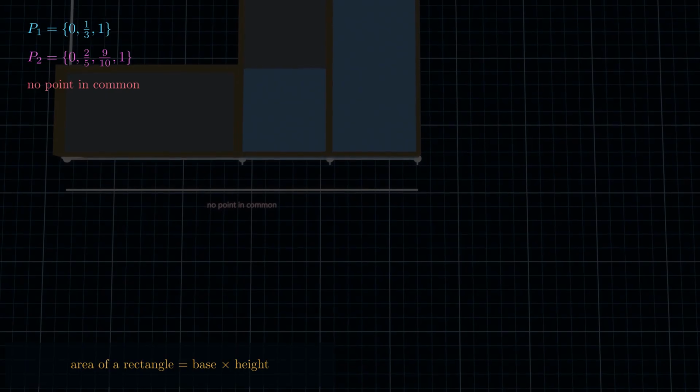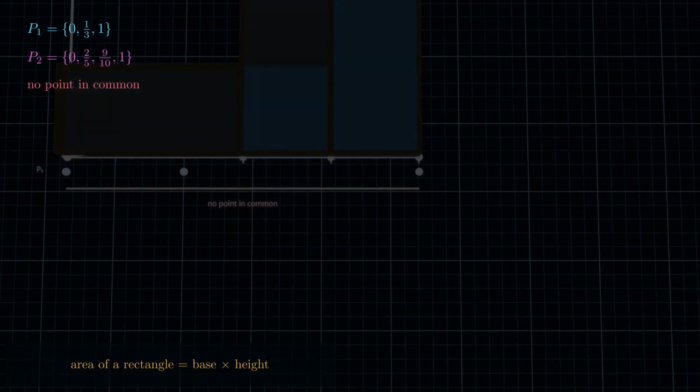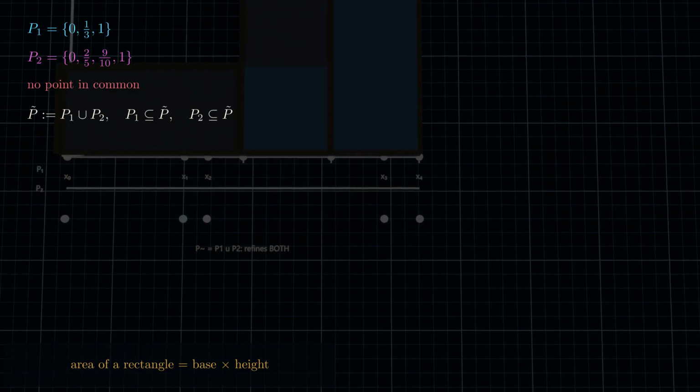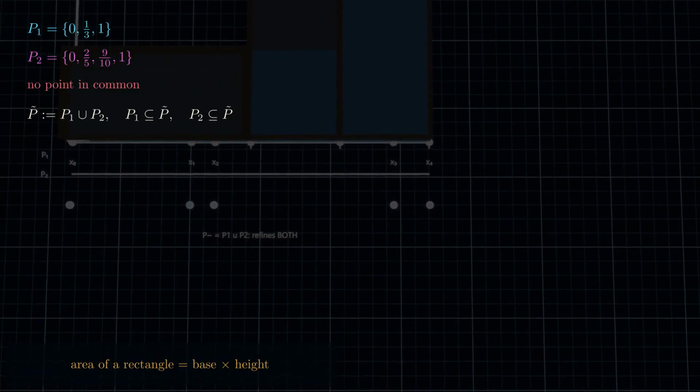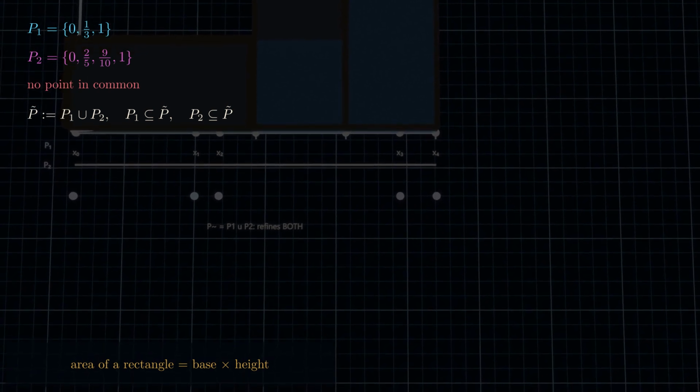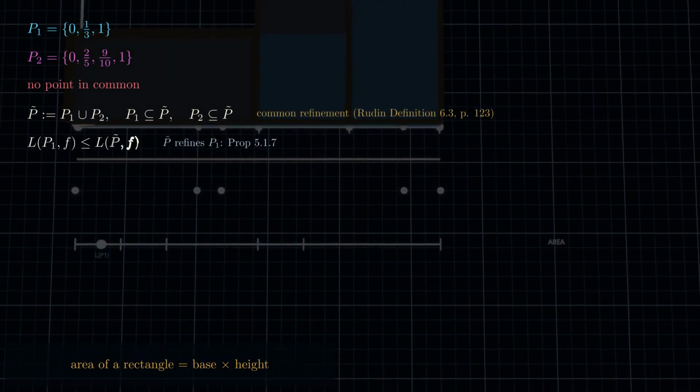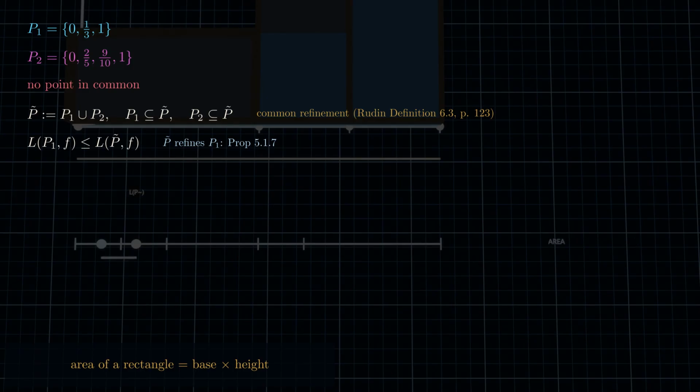So here is the trick. Take any two partitions, P1 and P2, and throw all the points of both into one set, P tilde. It contains every point of P1 and every point of P2, so it refines both at once. Our Rudin names it the common refinement. Now refinement does all the work. Because P tilde refines P1, L of P1 is at most L of P tilde.